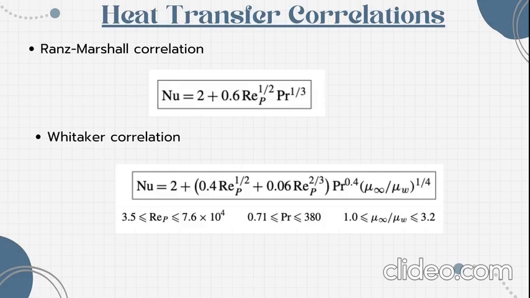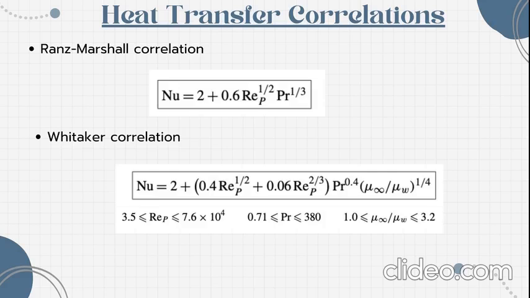There is another correlation which is known as the Whitaker correlation, and it is used for a wider Reynolds number range. So the Whitaker correlation is given like this. Here the range of Reynolds number is between 3.5 to 7.6 into 10 raised to the power 4.